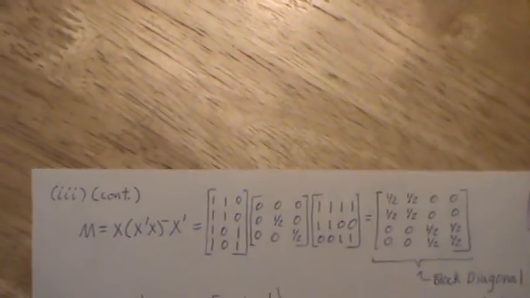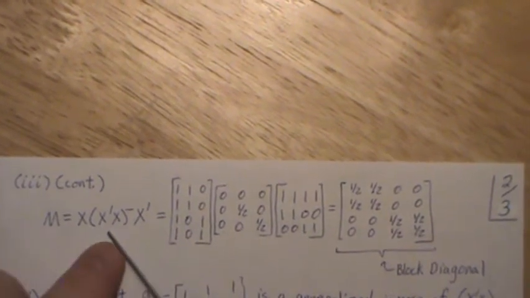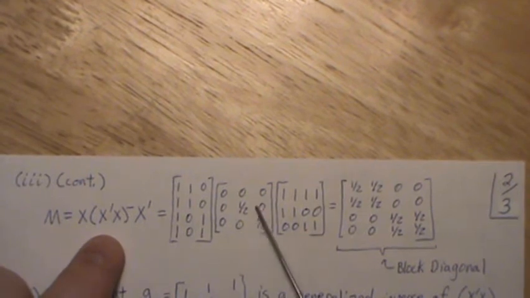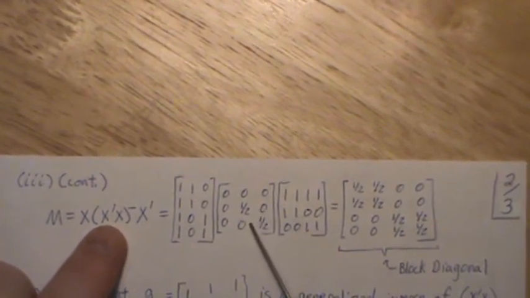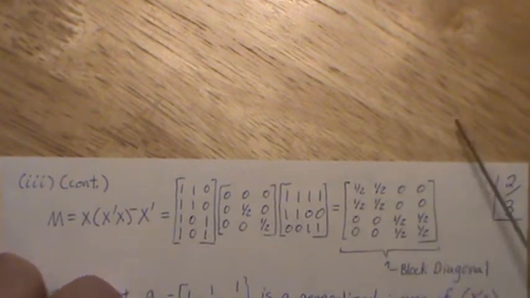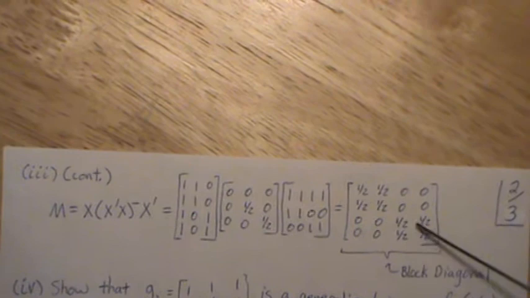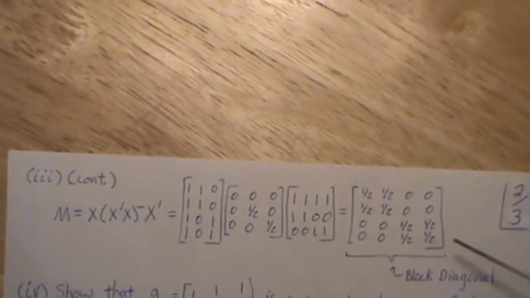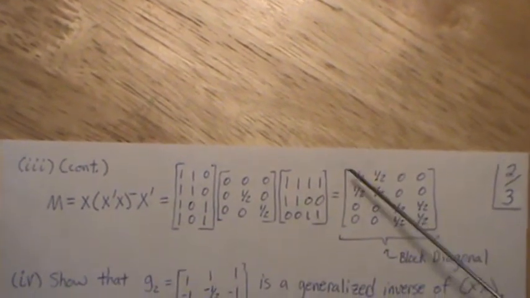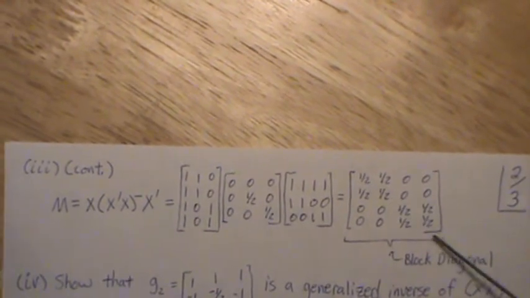So next it's M, and then the formula. So this is X, this is the generalized inverse of X transpose X, this is X transpose, and we get this matrix. Now notice in the upper left it's 1/2, and in the lower right it's 1/2. It's not diagonal, because if it were diagonal, there would only be elements on the diagonal.